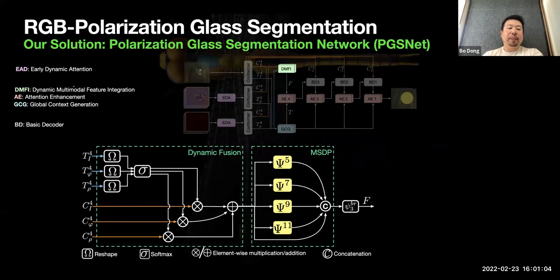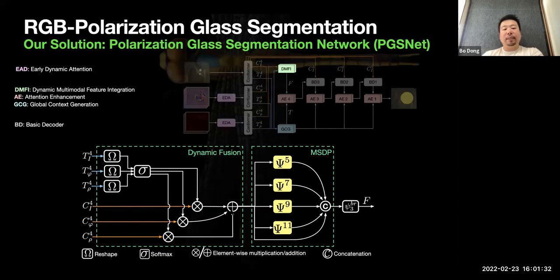Here, actually, it's a global guidance attention. We leverage the global information, reshape it, and go through softmax to generate the weights, and use these to augment the local features. And then we sum together. In that case, we can fuse these three domain features together.